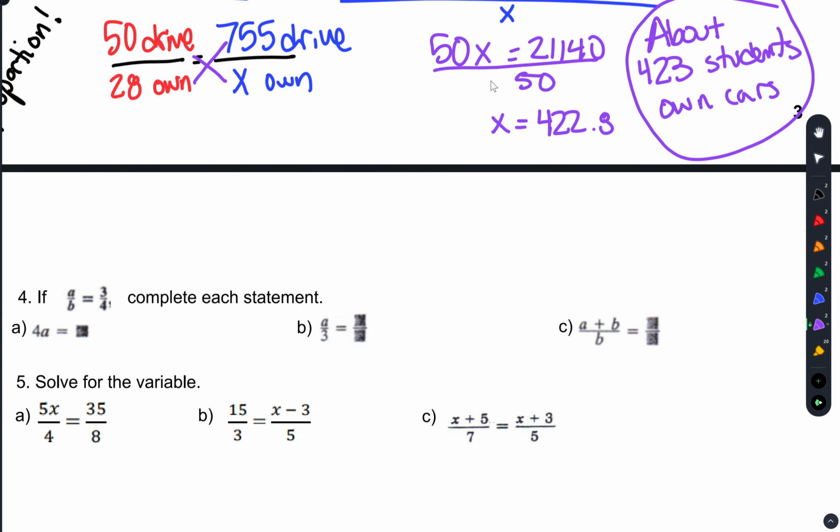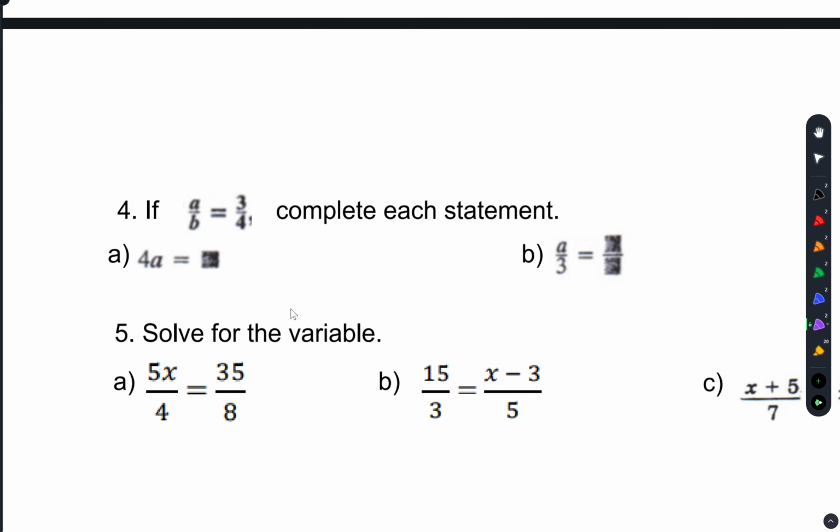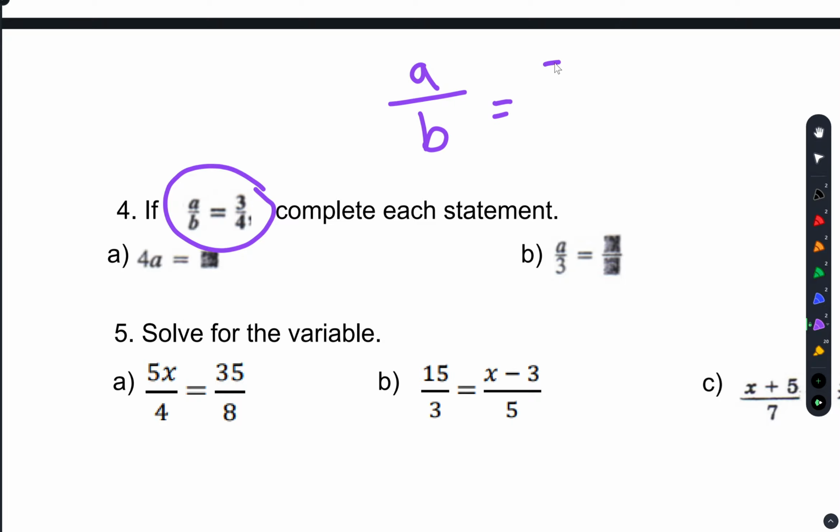Okay, flip it over. Here's what I was talking about with this box on the first page. So what you're going to see is they're going to give you an original starting proportion like this. Ours is A over B equals 3 over 4. Just going to make it a little bit bigger. What they want you to do is, using that original proportion as a starting place, write the equivalent side of that proportion.